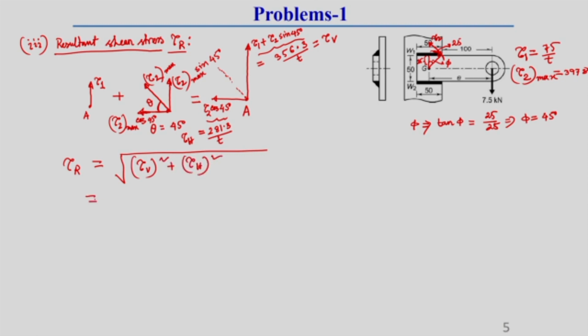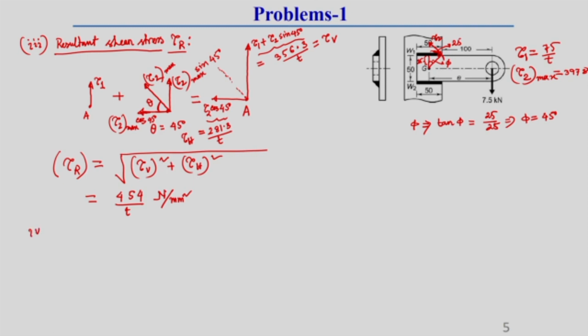The resultant shear stress component we get as 454 divided by T, and its unit will be Newton per millimeter square. This is the maximum resultant shear stress component due to primary and secondary shear stress on this weld.